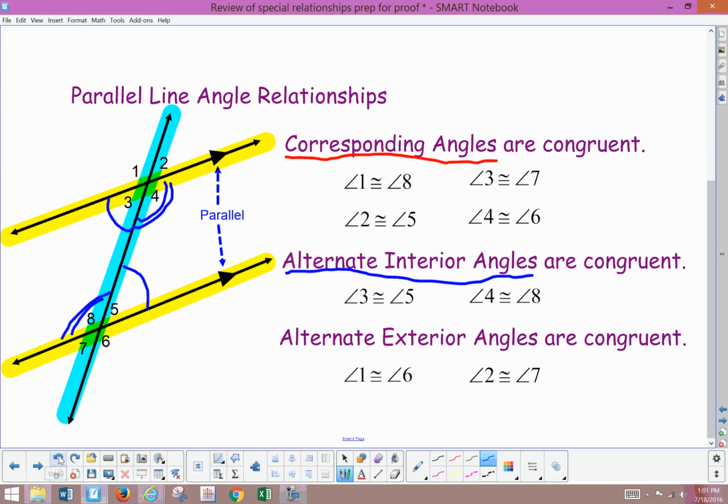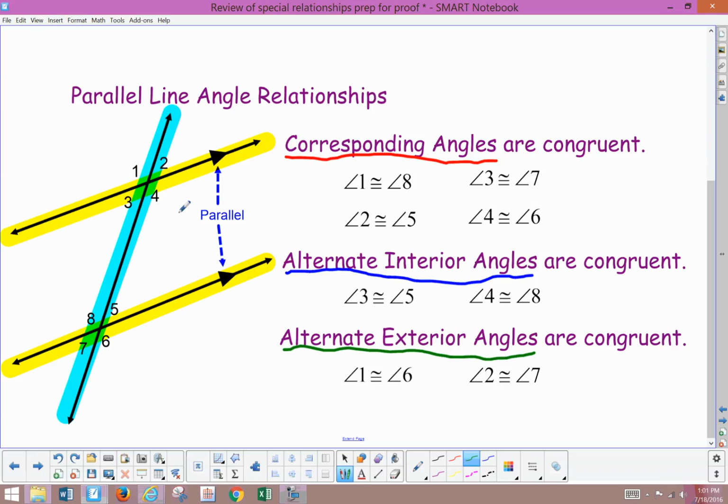The other special angles that we have when we have parallel lines are the alternate exterior angles. Alternate exterior angles are also congruent. Now this time we're dealing with the word exterior. That means we're looking for angles on the outside of the parallel lines.